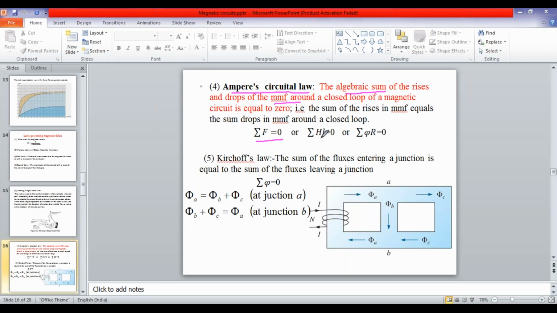Here the MMF can be given in terms of magnetic field strength H and length L. You know that the magnetic field strength H is given as magnetic flux density B by permeability, per unit length of the conductor L. So H into L is an MMF.